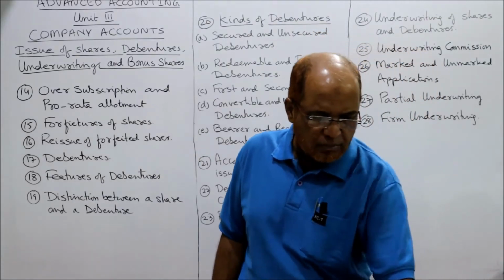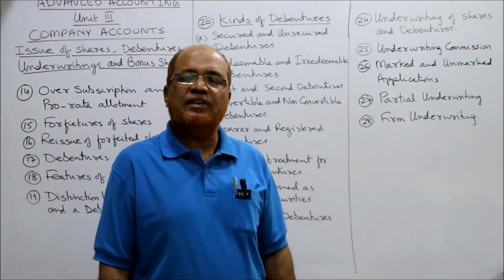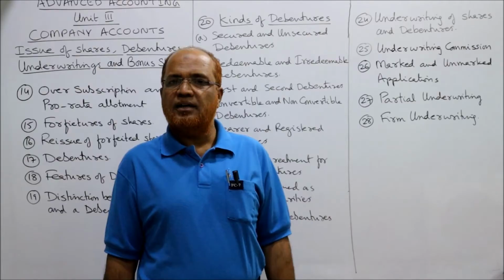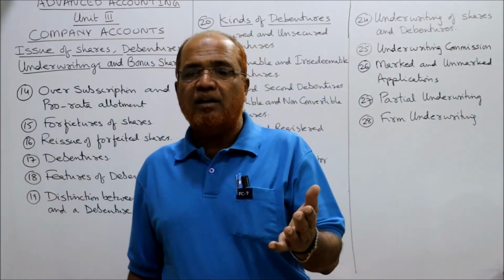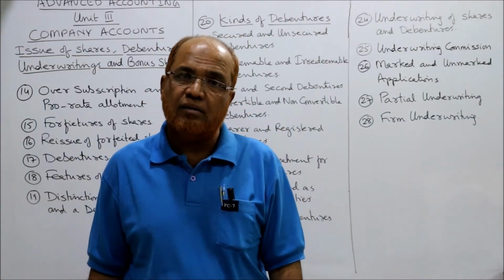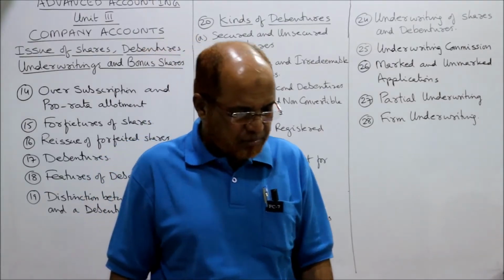Next, interest on debenture is to be paid irrespective of profitability. Whether the company earns profit or loss, it is immaterial. Interest on debenture must be paid. Whereas dividend will be paid only when the company has profit. No profit, no dividend. Whereas whether profit is there or not, immaterial, interest must be paid.